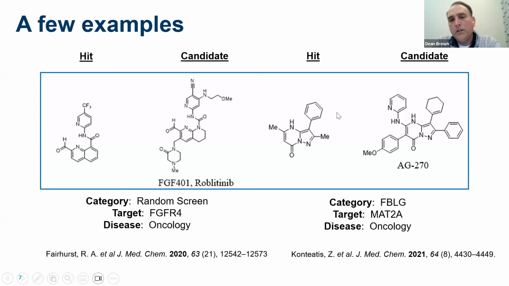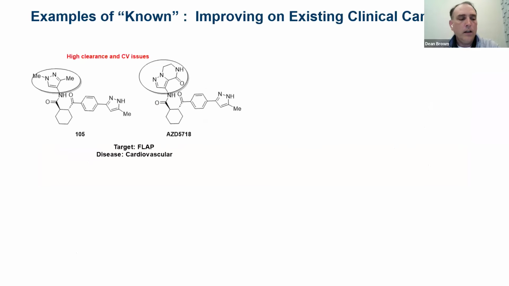Here's an example from Agios that highlights fragment-based lead generation, so a hit that ultimately became the clinical candidate from Agios for MAT2A. So that's how we cataloged all of that information. We found the hit, found the candidate, and then did a physical property analysis and a similarity comparison between the two discrete molecules.